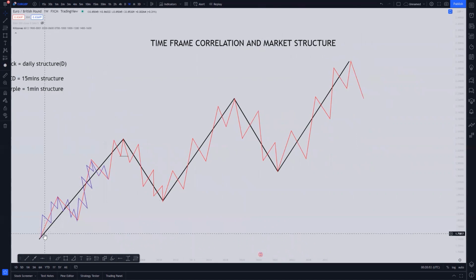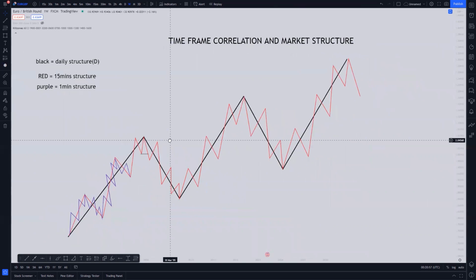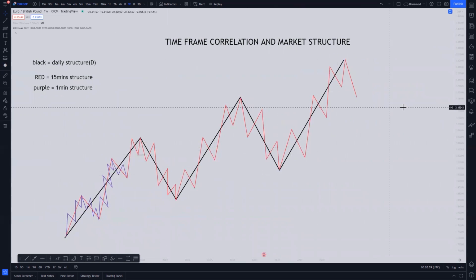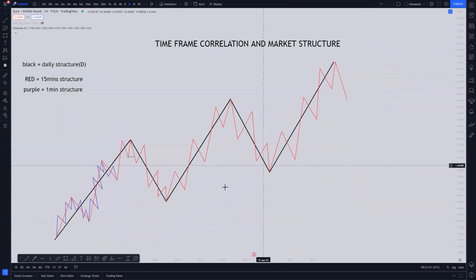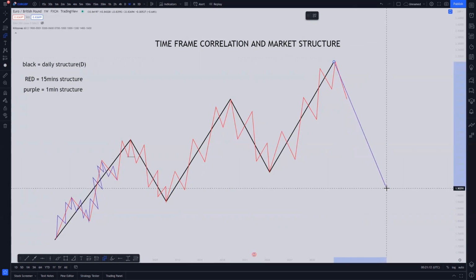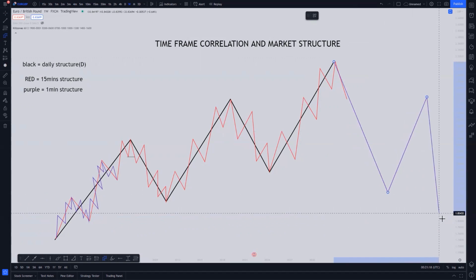Now, the black line I said initially represents the daily structure. This could actually be that. Let me see. The daily structure here breaks this and retraces.